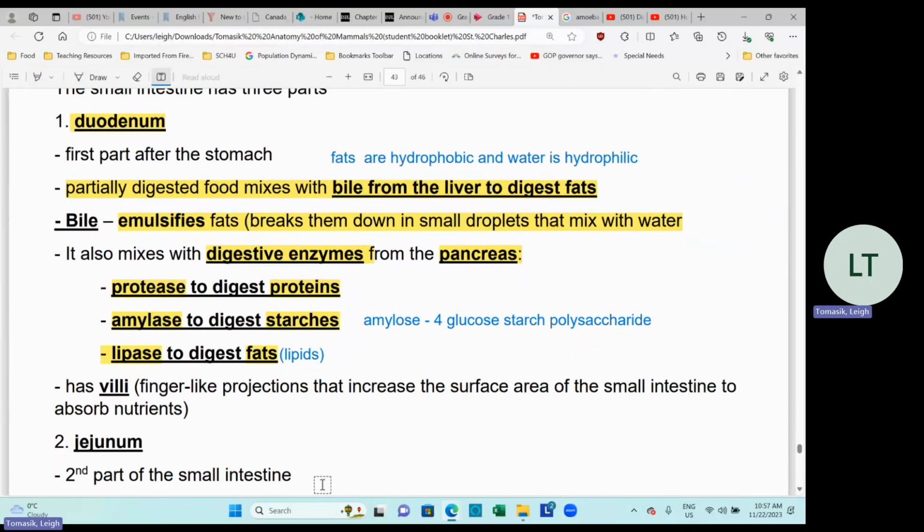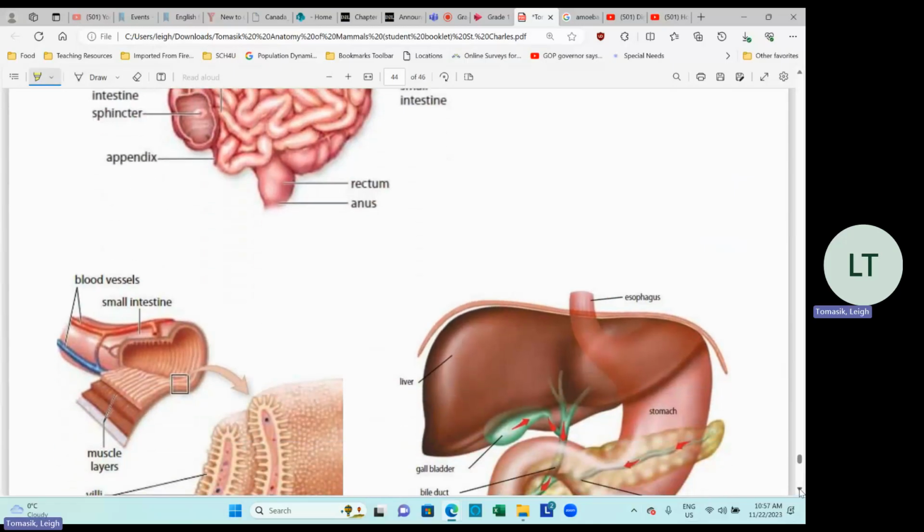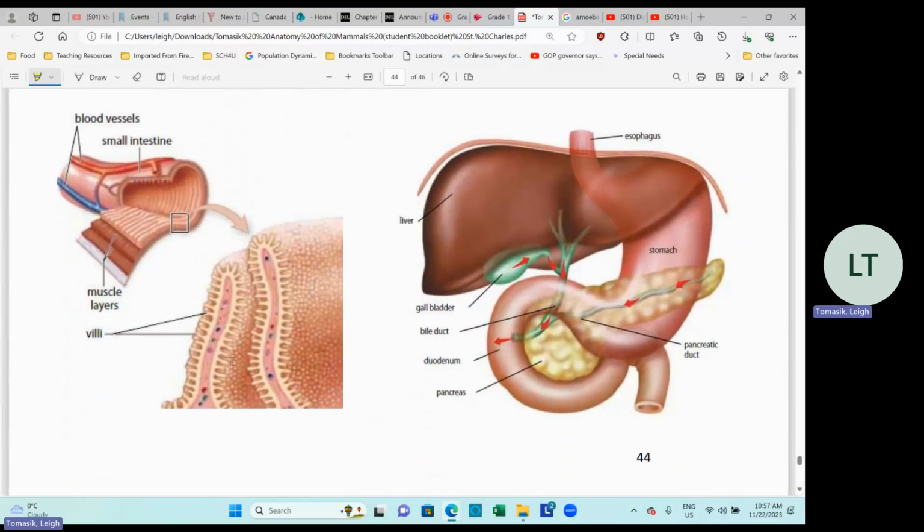Your small intestine has something called villi. Villi are finger-like projections that increase the surface area of the small intestine to absorb nutrients. Do we see the villi on the next page? Yeah. So this is what the inside of your small intestine looks like. It has these little fingers that go in and they increase the surface area of the cells, right?